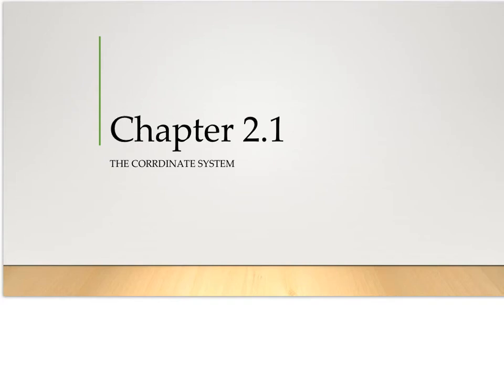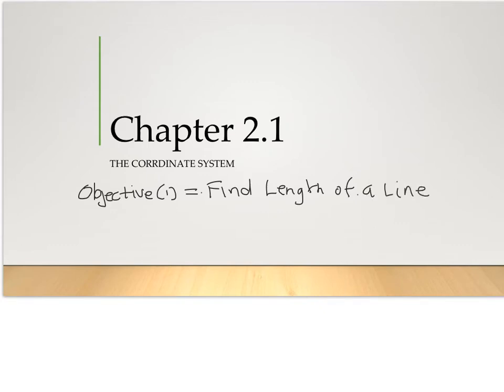So in class, in chapter 2.1, we had two major objectives in this section. Our first objective was to find the length of a line segment in a coordinate system.